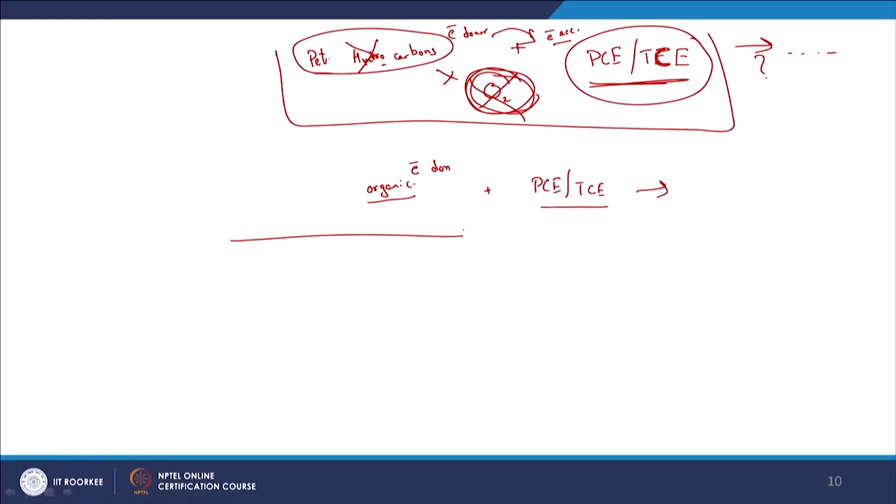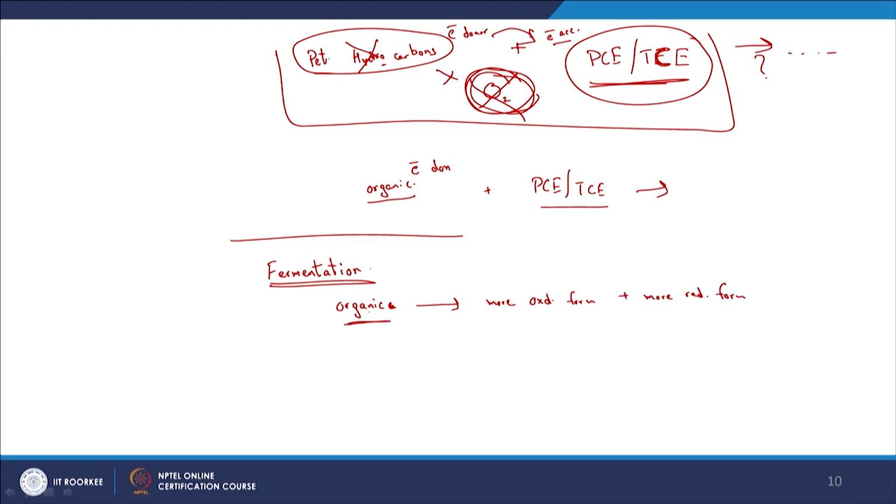So, the other aspect that I would like to point out is that you have fermentation, right. So, what takes place here, let us say you have an organic compound, and from the same organic compound you have the formation of a more oxidized form and a more reduced form, right.